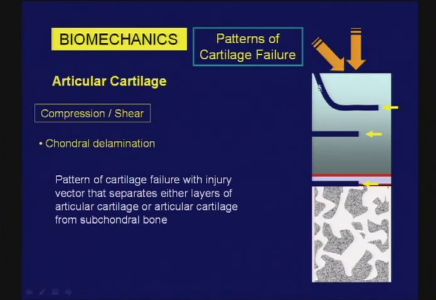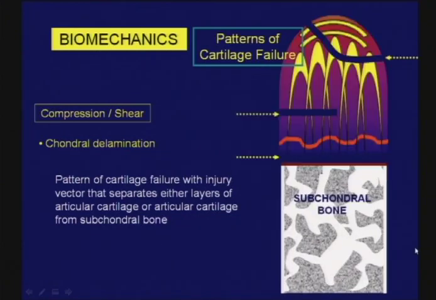Now, these are the patterns that have been described in the literature as delamination. But if we go back to our original collagen framework and we look at some of these patterns, we can see we have a problem. This pattern certainly is not going parallel to collagen fibers and is not properly called delamination.